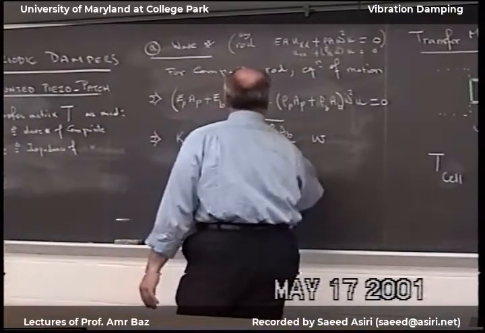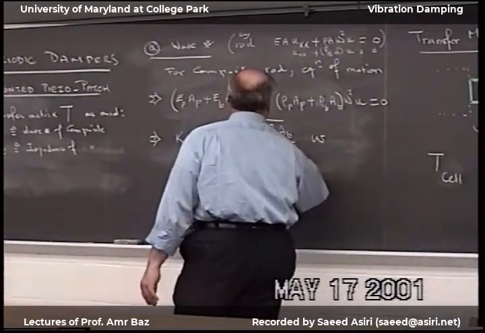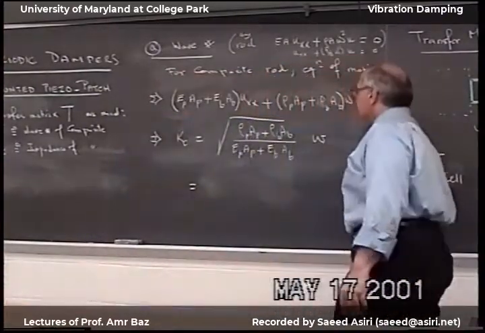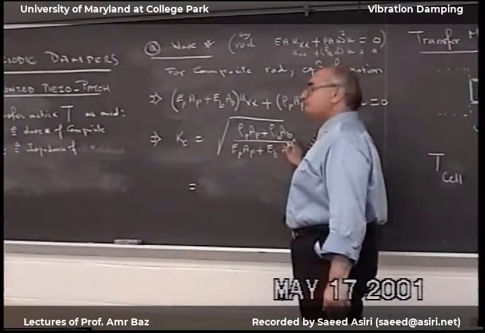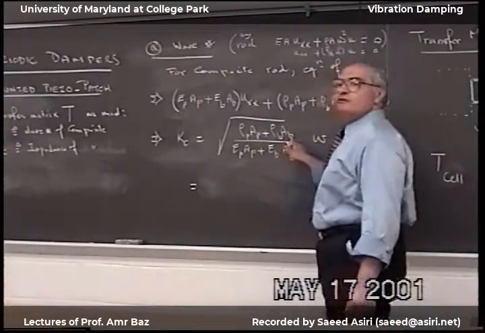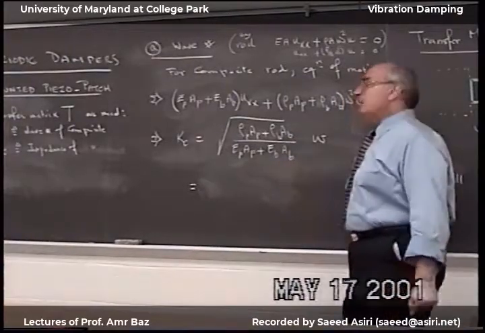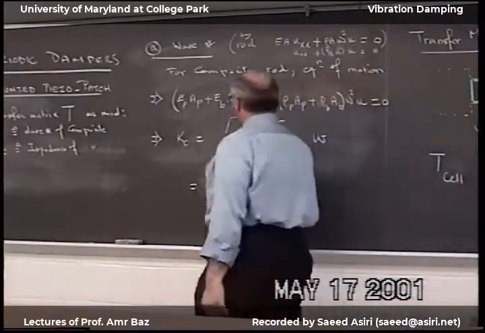To simplify this, I'll extract rho A and EA of the base and take them out.